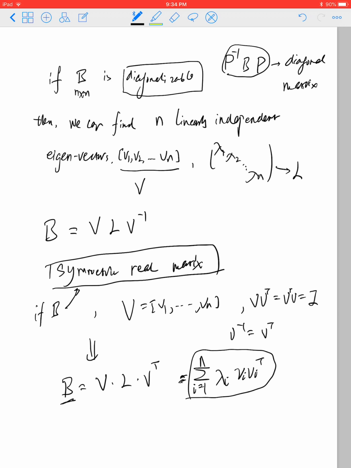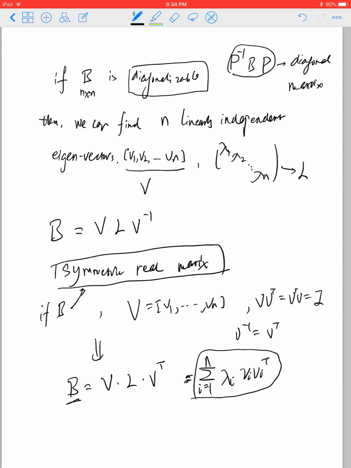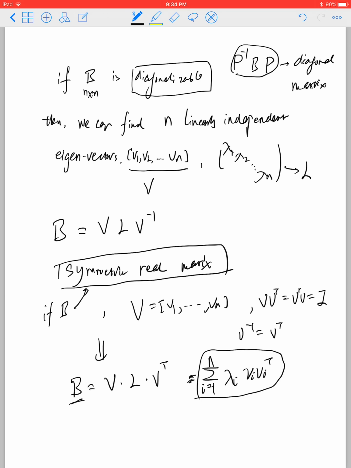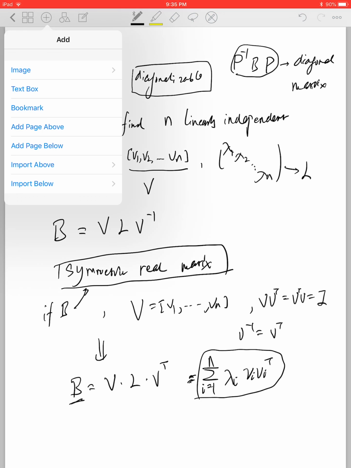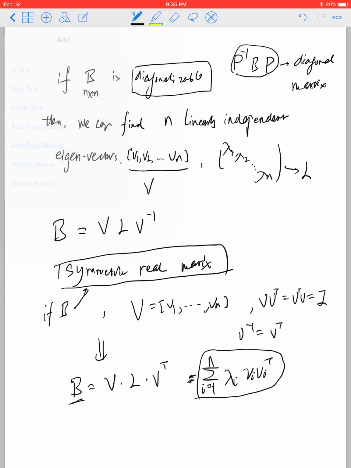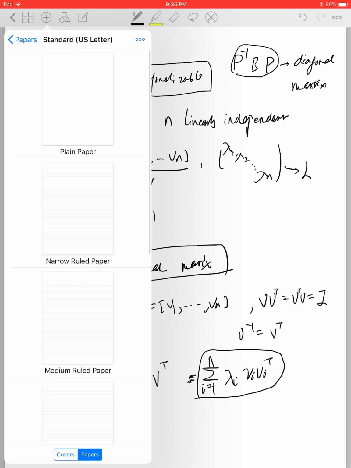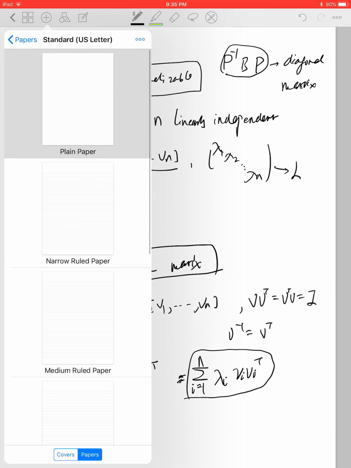That means V V transpose equals V transpose V equals the identity matrix, or in other words, V inverse will be the transpose of V. Then our eigendecomposition can be written as V times L times V transpose, because we simply replace V inverse by V transpose.